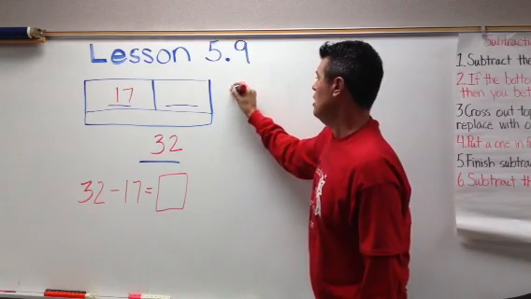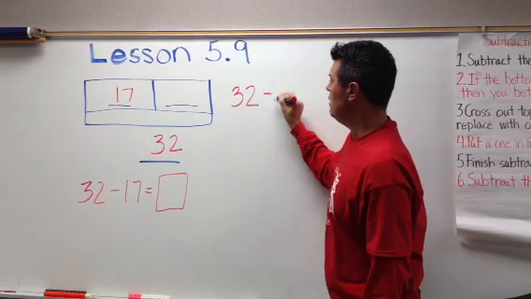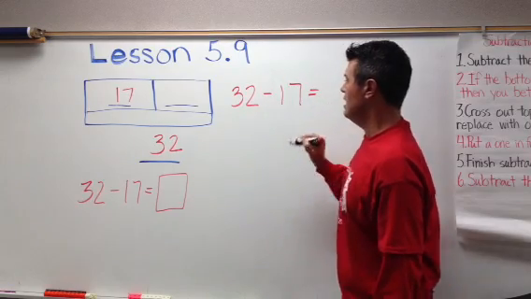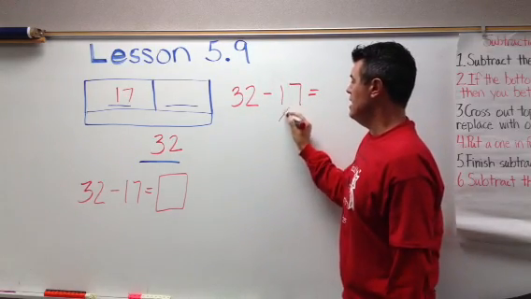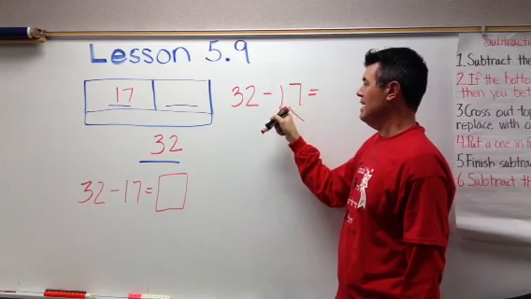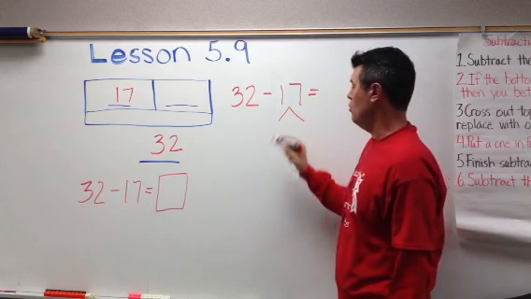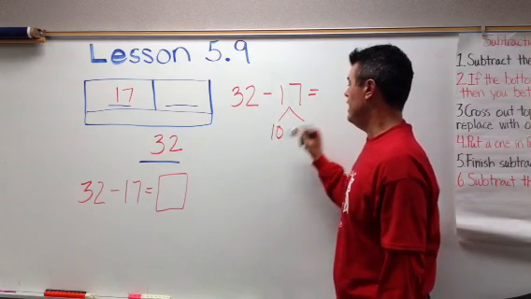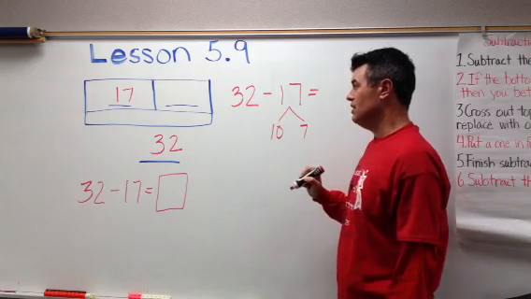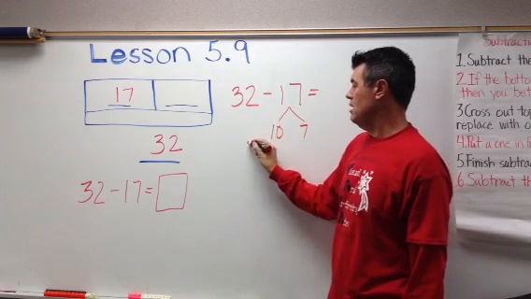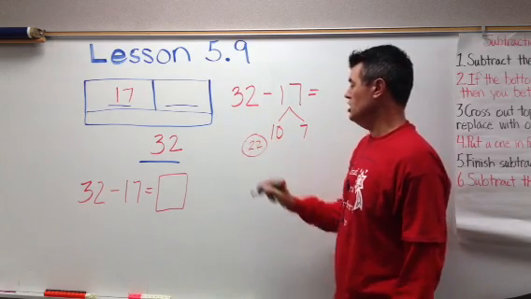So, breaking apart 32 minus 17. What we want to do is take the 17, we break it apart, and because there's a 10 in the second number, we're going to use that. And 10 plus 7 equals 17. 32 minus 10, mental math, that's 22.